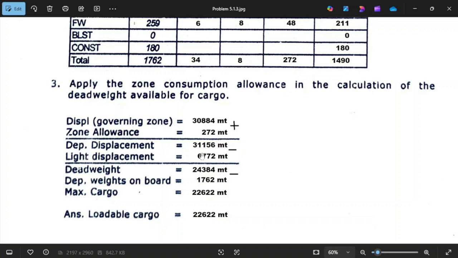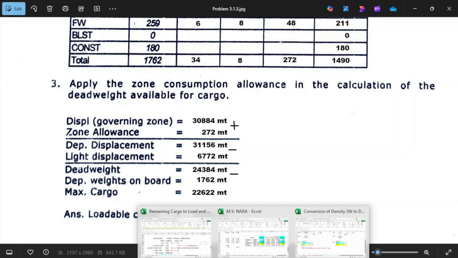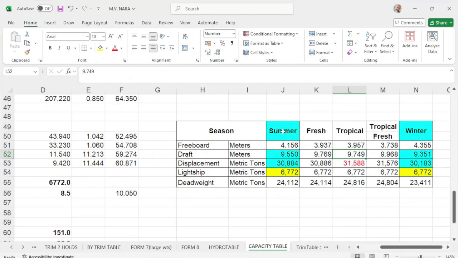That will be the departure displacement, or your true displacement, which is 31156. Then minus your light displacement, or light ship, which is of summer.